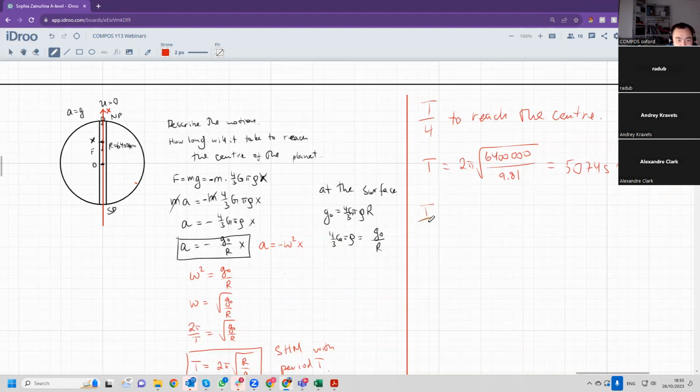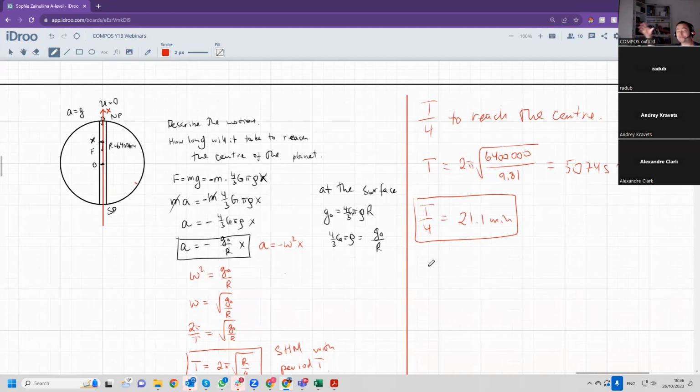And T over 4, divided by 4, is 21.1 minutes. So it will take the rock 21 minutes to reach the center of the Earth, 42 minutes to reach the other side of the Earth, and about 84 minutes to come back.